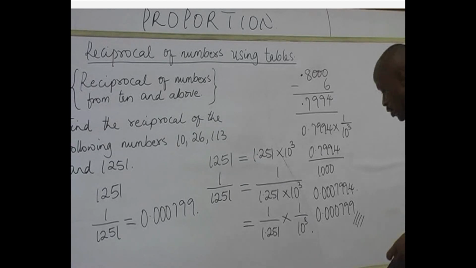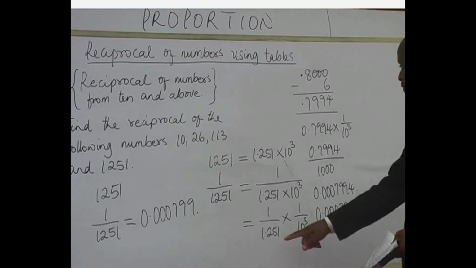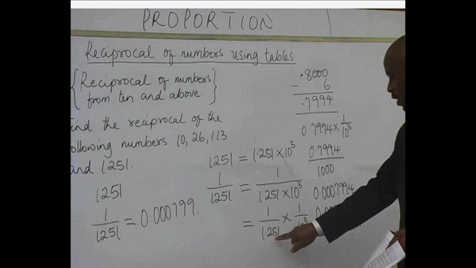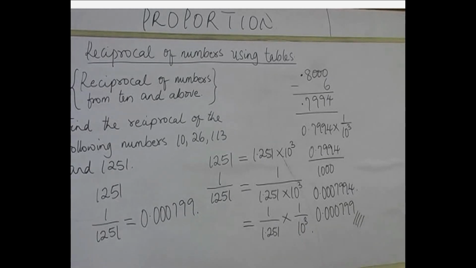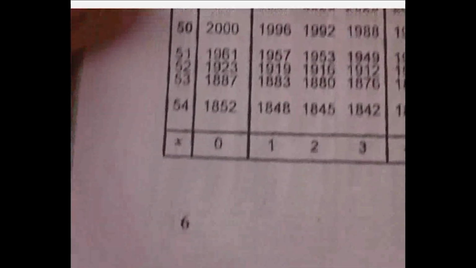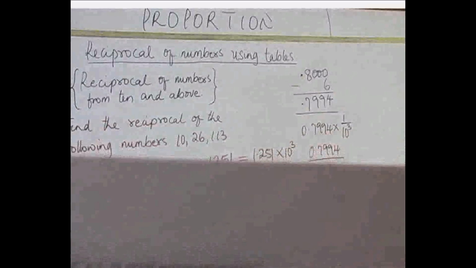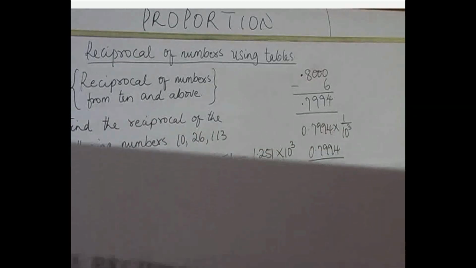So I want to come close to the camera now and show you how we found 12 under 5 difference 1. This is the 4-figure table on page 6. We have 12 under 6.